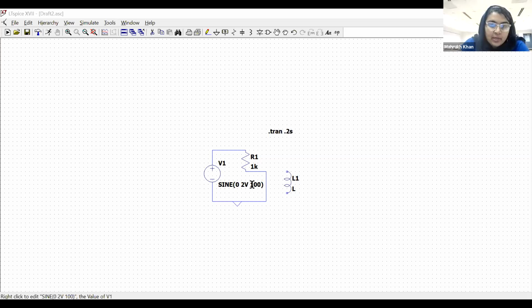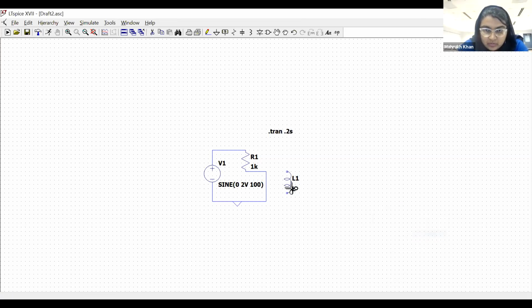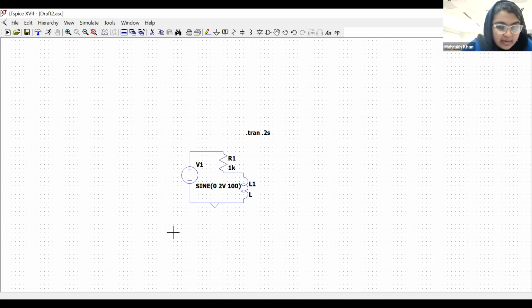Let's do LTspice. Okay, so now I am going to add an inductor. The inductor value is 10 millihenry and 100 ohms.